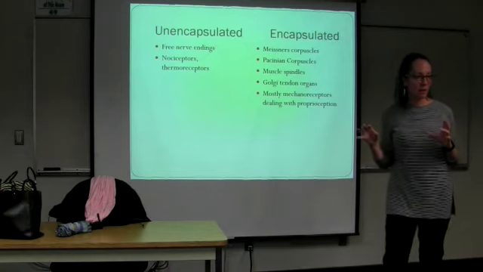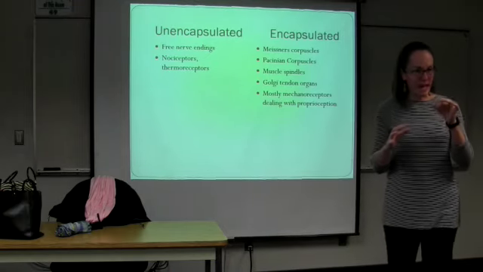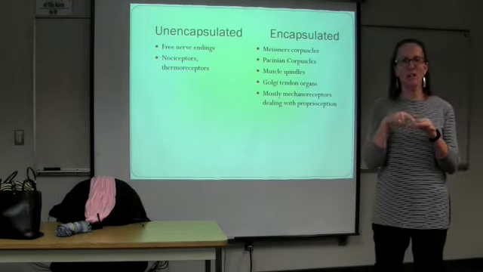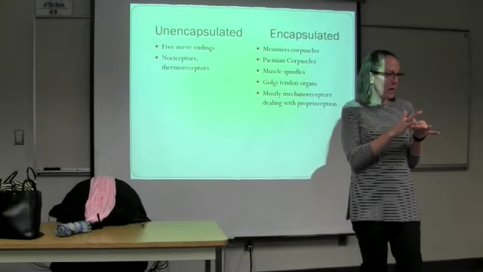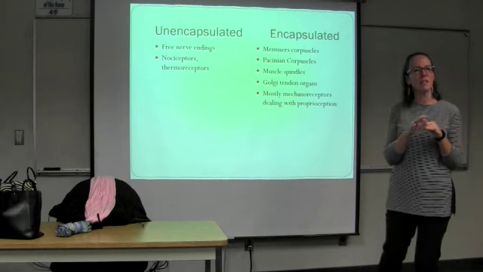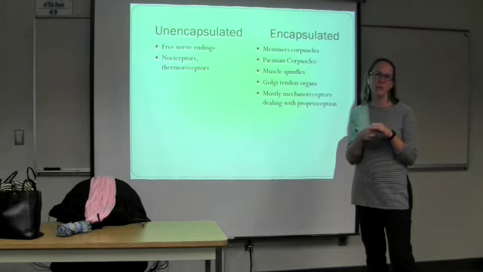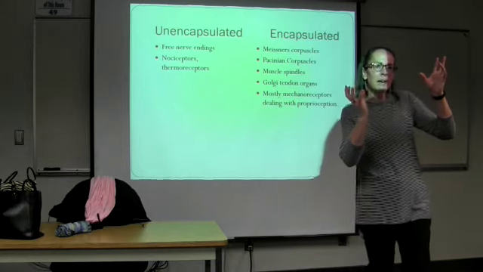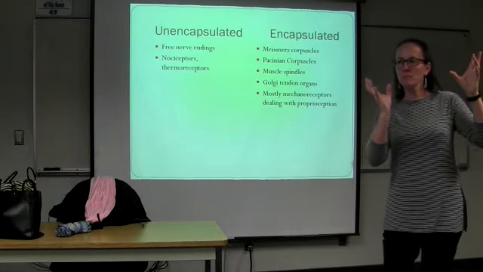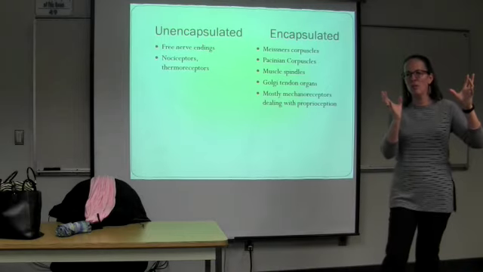That simply means the encapsulated have a little connective tissue sheath around them. A lot of them are round, so there'll be a little round receptor with connective tissue around them. The free nerve endings look like the ends of a nerve, like a tree. Are you with me?